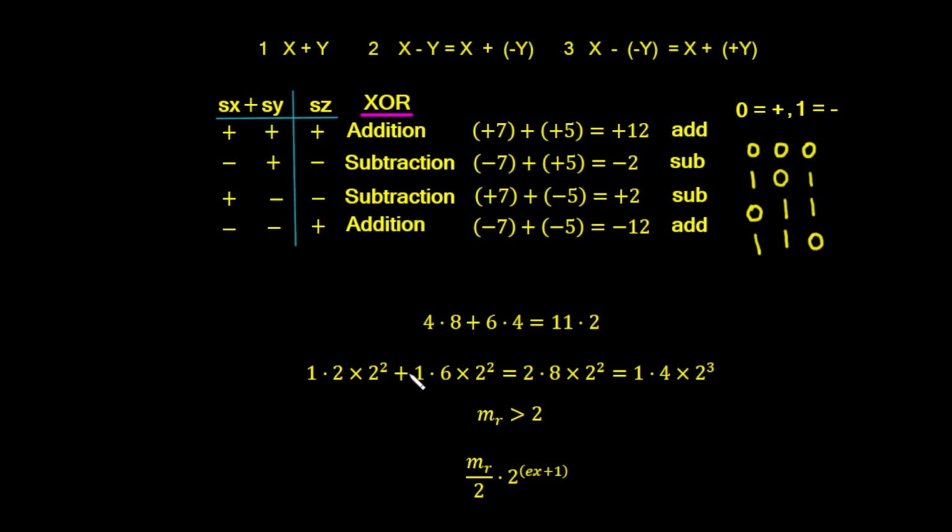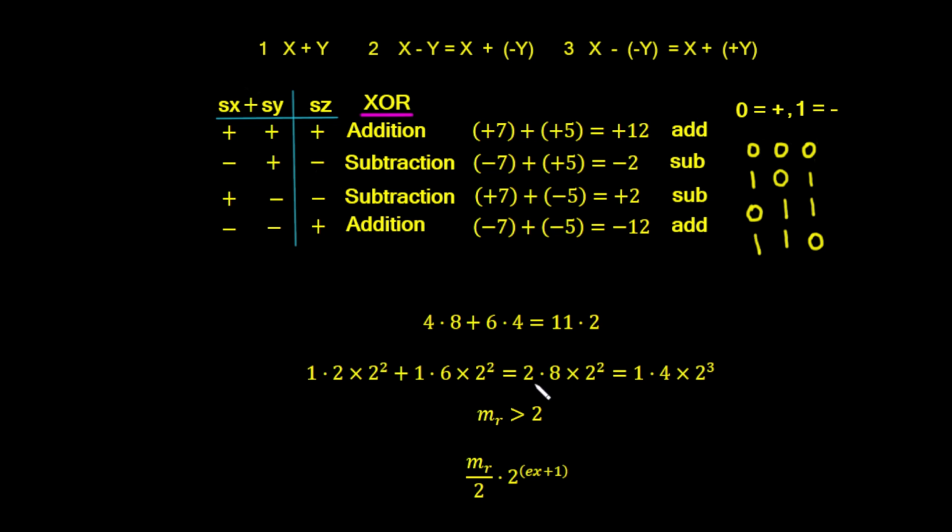So if the exponent is the same, 2 to the power 2 and 2 to the power 2, then we can simply add these numbers together. But in this instance, when we add these two numbers together, we get 2.8 times 2 to the power of 2. But as I said, this number has got to be between 1 and 2, but it's now gone to 2.8.